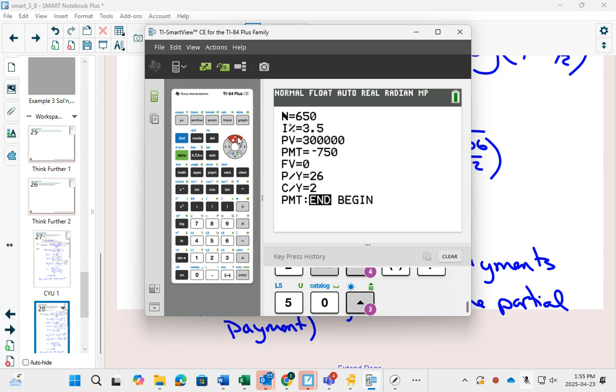So normally it should take 650 payments to make it. But by doing those extra payments, I solve, and you bring it down to 572. How much of a difference does that make? Times $750, not a lot.